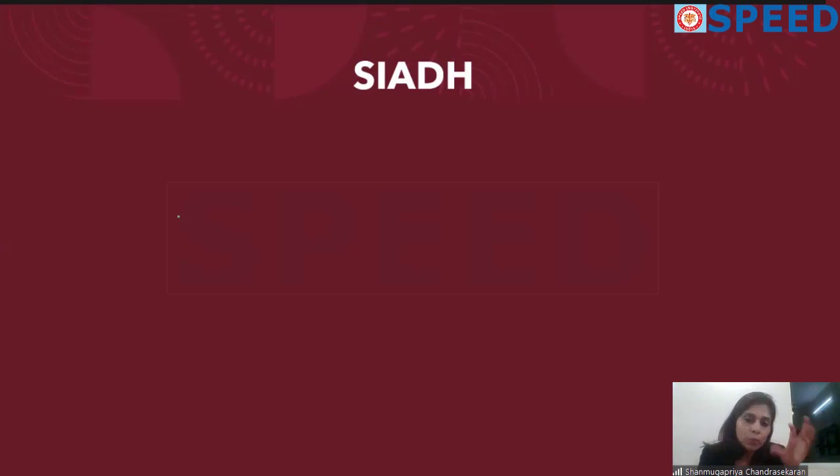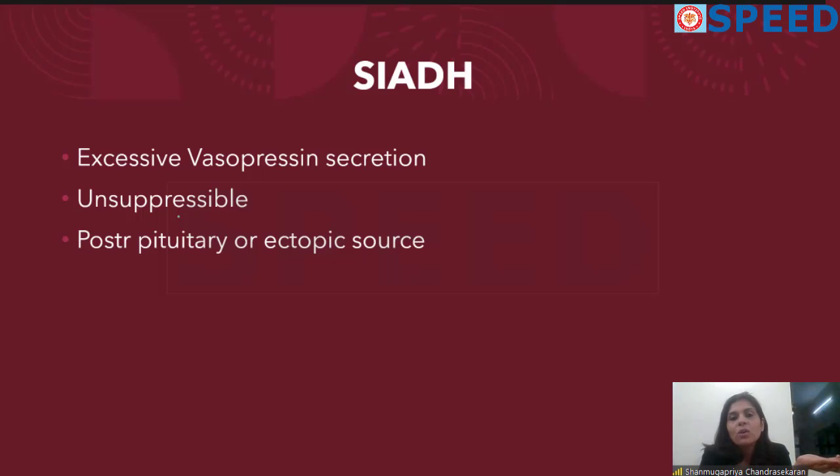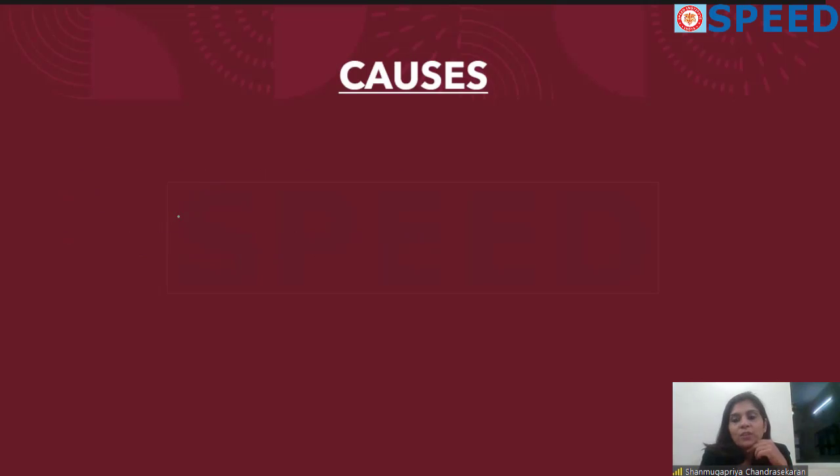Even when there is hypervolemia, even when there is hypoosmolality, it is getting secreted. So what is the definition of syndrome of inappropriate antidiuretic hormone? It is excessive vasopressin, which is unsuppressible by hypervolemia and hypoosmolality and secreted either from the posterior pituitary or from an ectopic source.